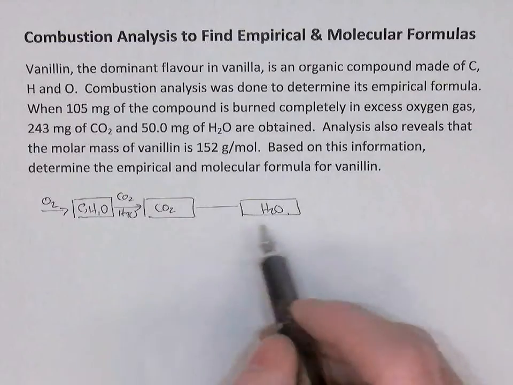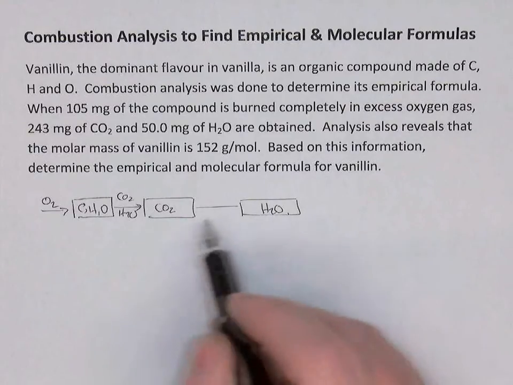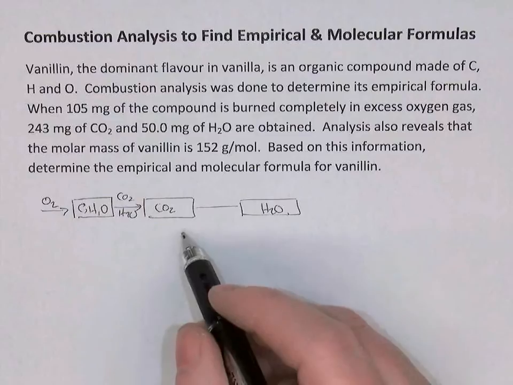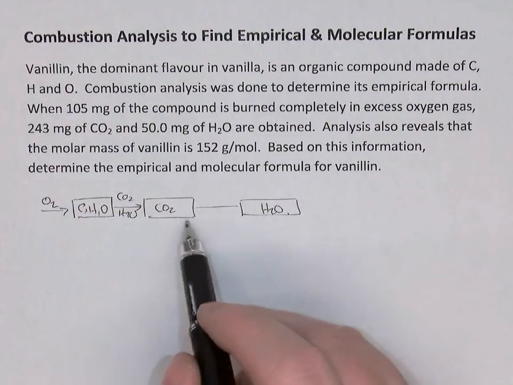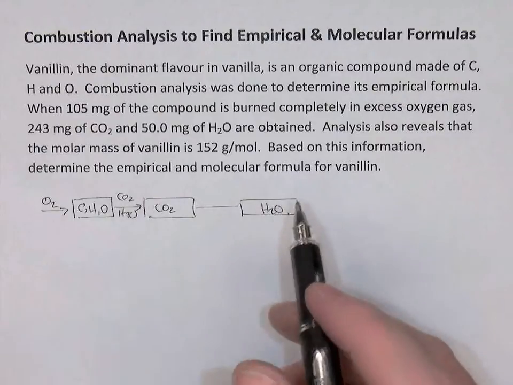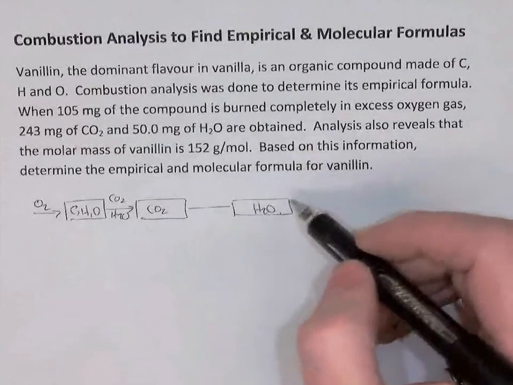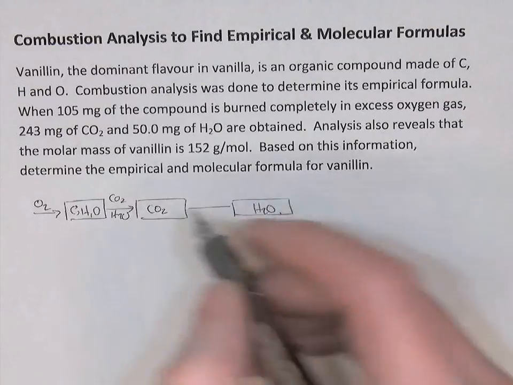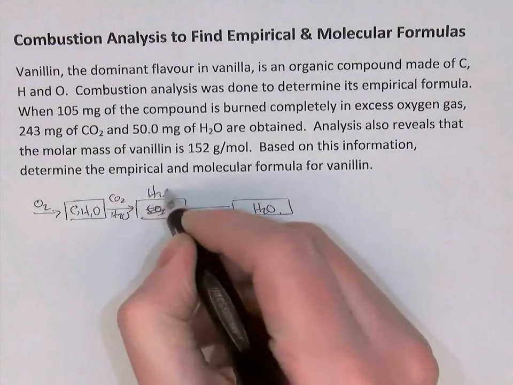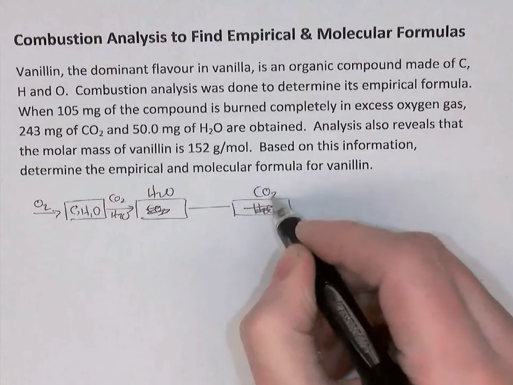The absorption is done chemically, so there's a chemical in these chambers that absorbs the gas. For example, if we put sodium hydroxide into one of the containers, it will absorb, in fact I do have this backwards, I think it absorbs water first and then CO2 second.